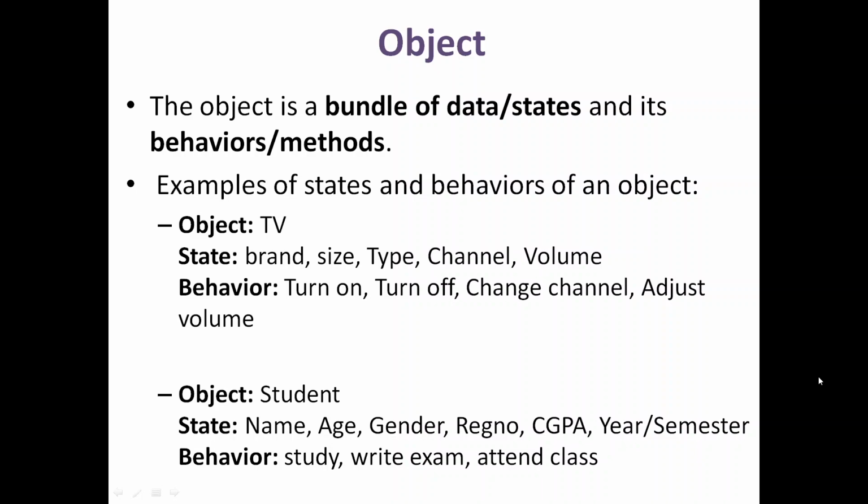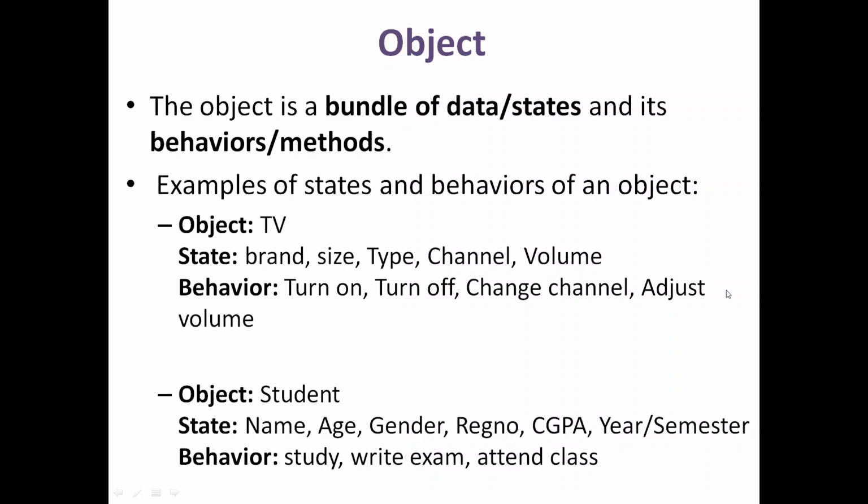So for example, if you take the example we discussed, that is TV, it's an object, and the various states we can define for the TV are there is a brand name, there is a size, that is screen size, and type, which can be LED or LCD or CRT, and similarly channel, volume.